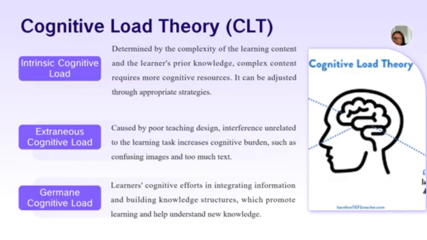Extraneous load is unnecessary mental effort caused by poor design or distraction, and the germane load refers to the cognitive efforts used for understanding and integrating the material. Our job as instructional designers is to minimize extraneous load, optimize intrinsic load, and promote germane load to enhance learning.